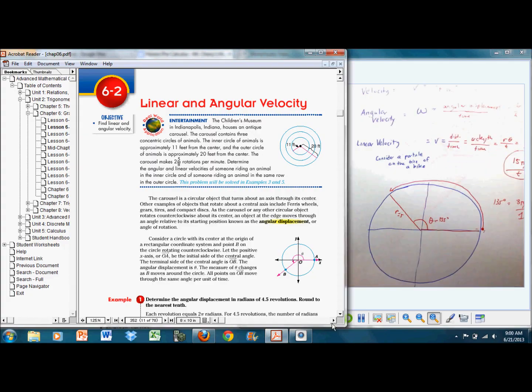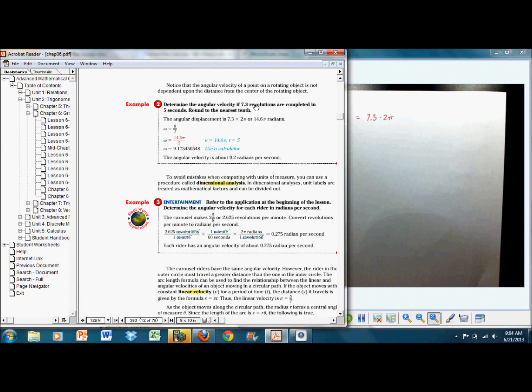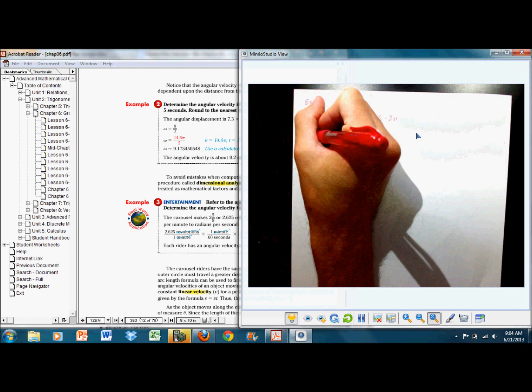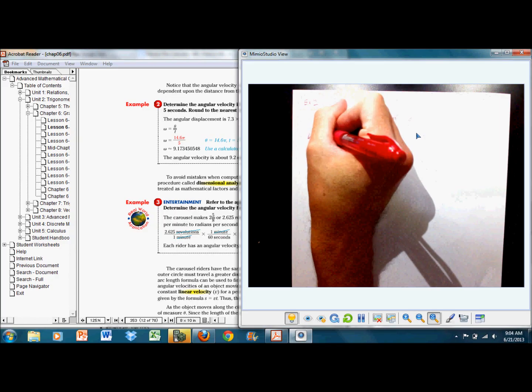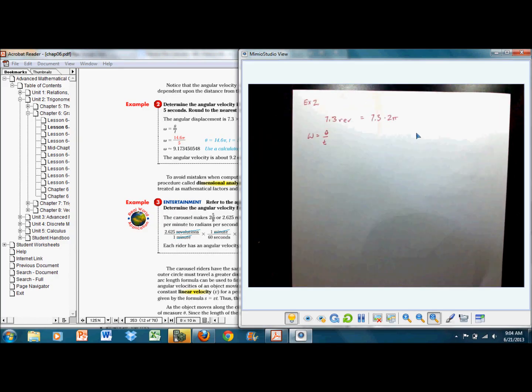Now let's actually practice it. Let's look at example 2. Example 2 says, determine the angular velocity if 7.3 revolutions are completed in 5 seconds. Remember that the angular velocity is W equals theta over t. Theta is the angular displacement and t is time.